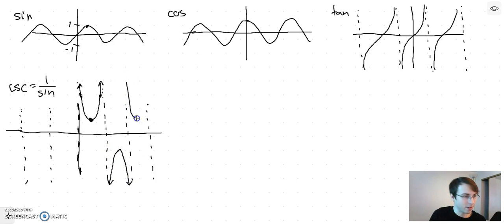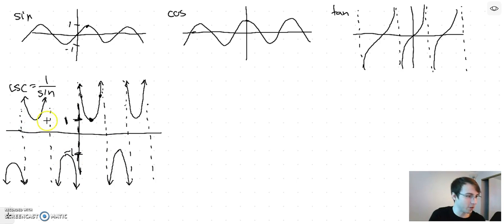So it's just going to be alternating swoops like this. And the swoops are all 1 or bigger, or -1 or smaller.